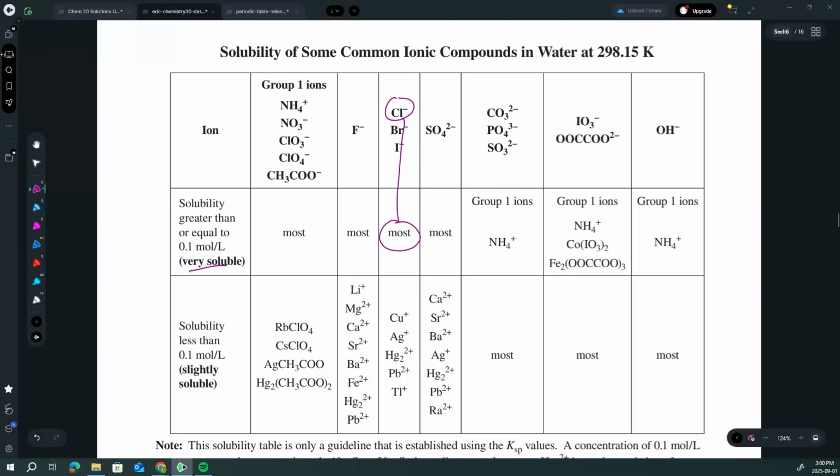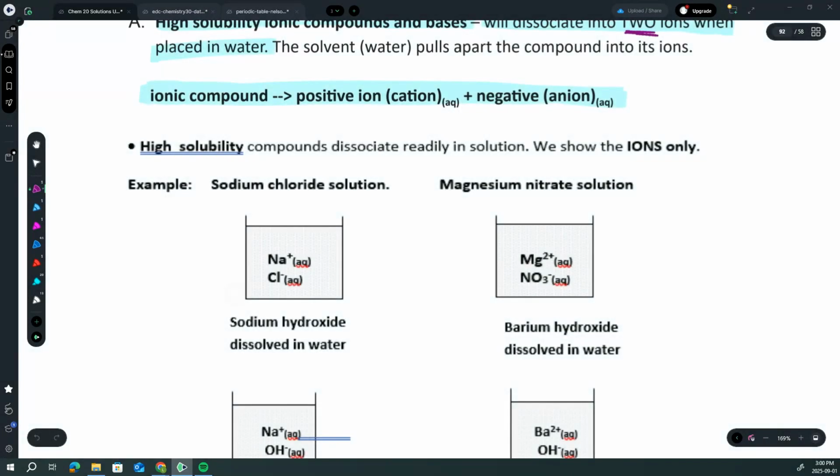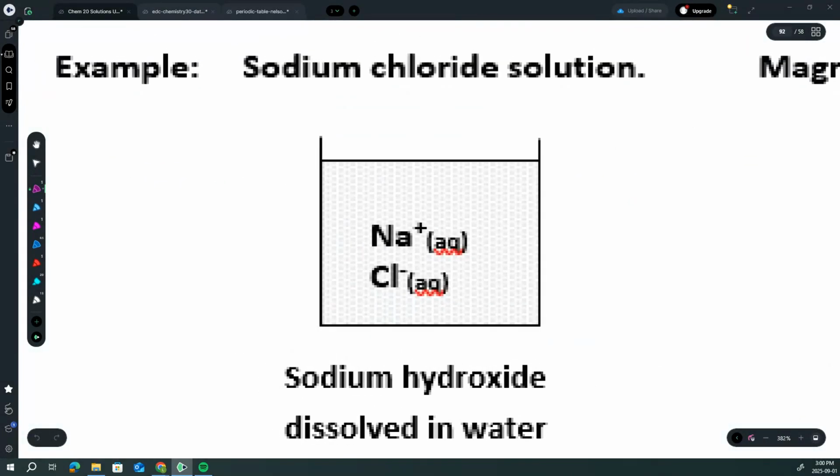But since sodium isn't in the bottom row, it falls under most, so that's how you know for sure it's going to be soluble. And if an ionic compound is soluble in water, we represent just the ions that it breaks apart into. That's why they have it as sodium 1 plus aqueous, and then the chloride ion aqueous.